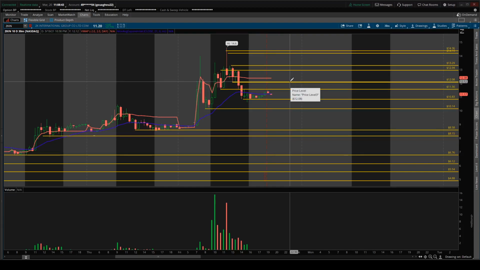And if it can stay above 12, this really can go to 13. Or if this remains below 1150 and shows lots of weakness, it can go to 1075-ish, and then continue lower to 10 and then all the way to 850-ish.